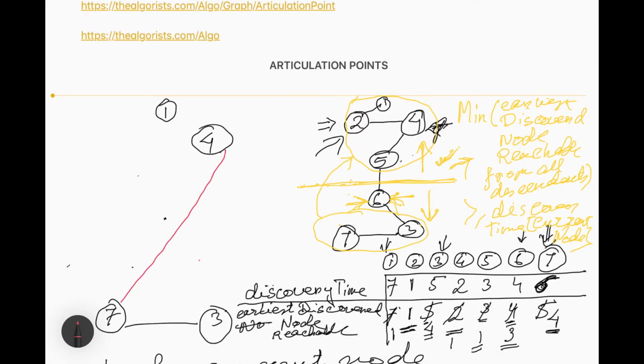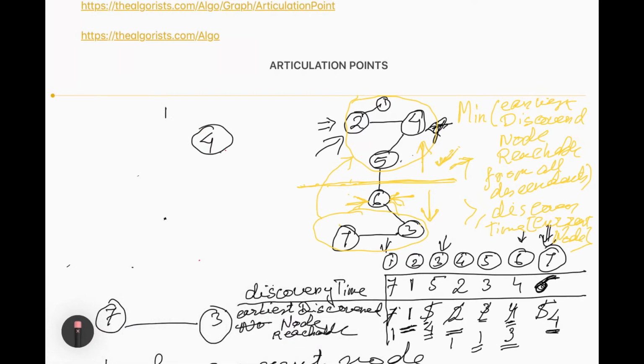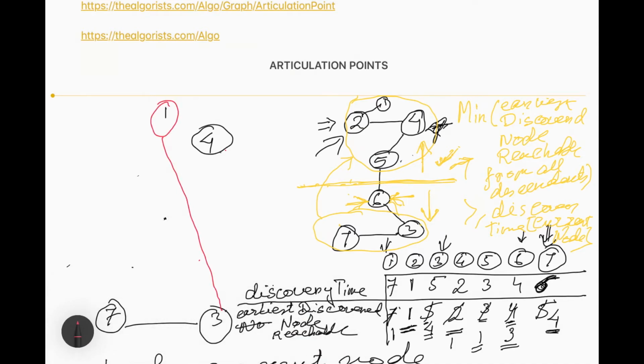Say we connected 7 and 4, and then say we connected 1 and 4. We can do this, or we can do any other way we want. We can connect 1 to 3 and 4 to 7. That way we know that we can go to any other node from all other nodes.